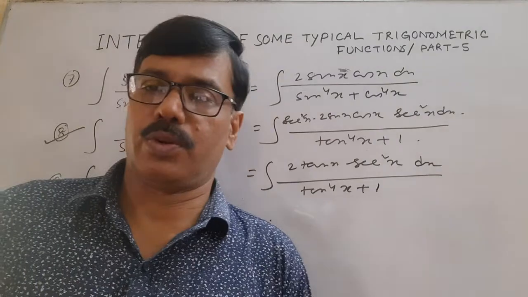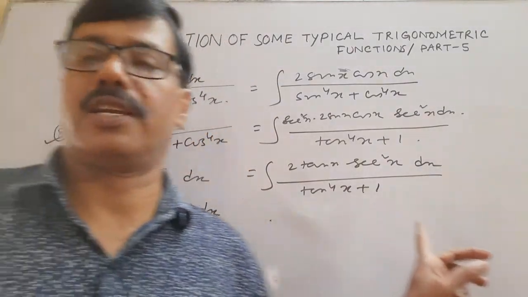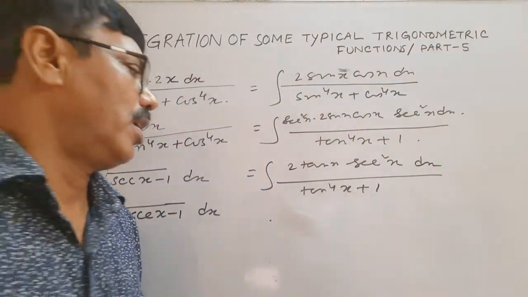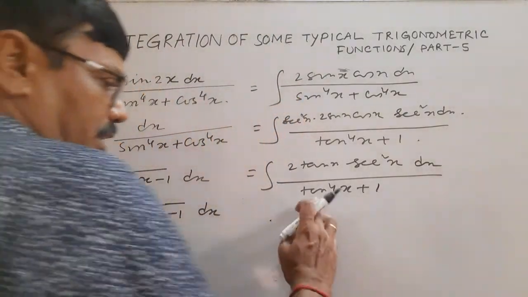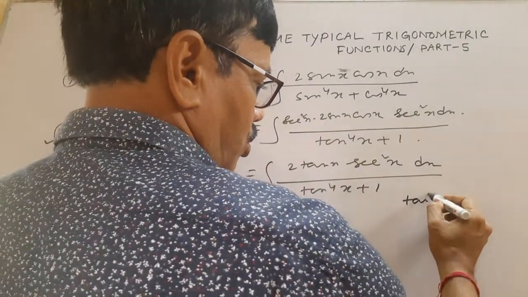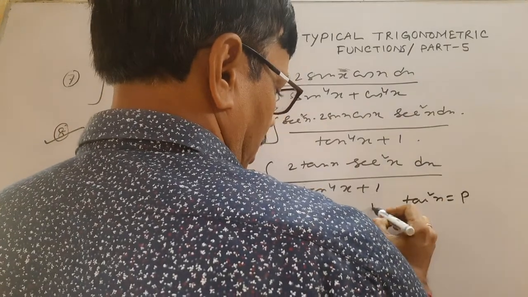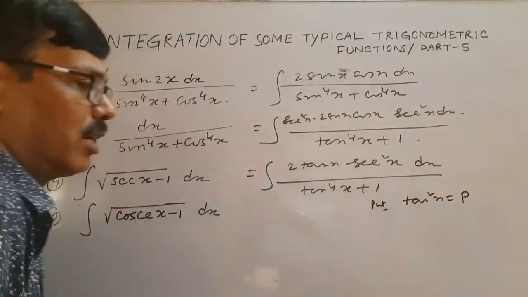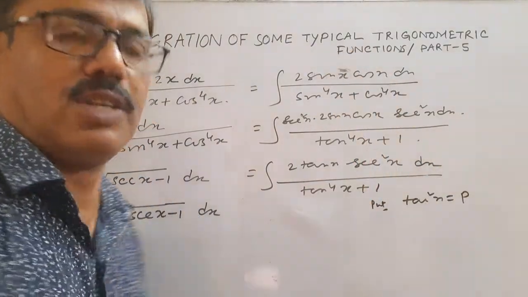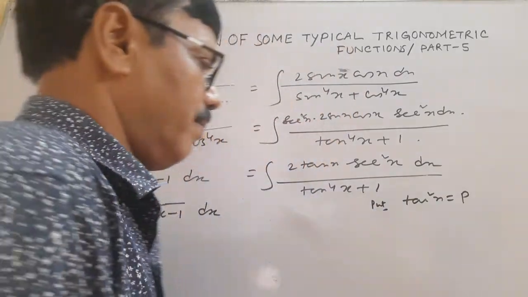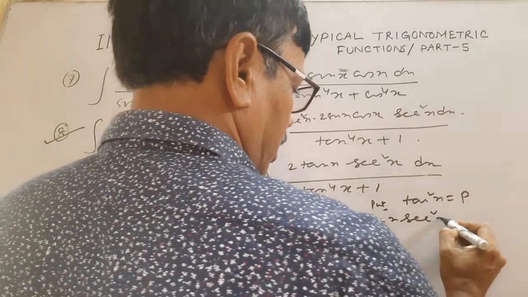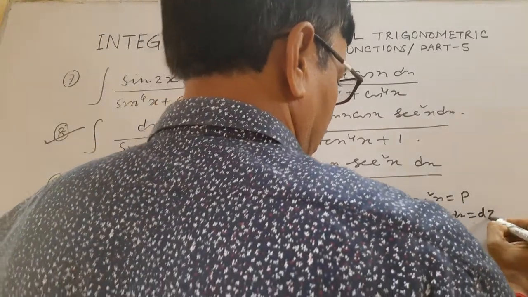Now put a transformation so that this integrand is transformed into standard form. Now 2 tan x sec square x, and it is tan to the power 4. To make it quadratic, we have to put tan square x equals to z. Now what is the derivative of tan square x? 2 tan x into sec square x. So this is our advantage. So 2 tan x sec square x dx equals to dz.